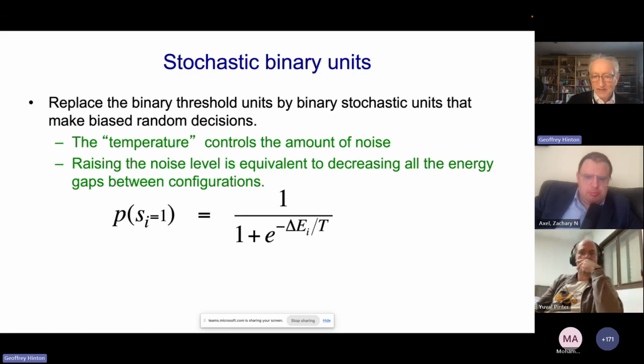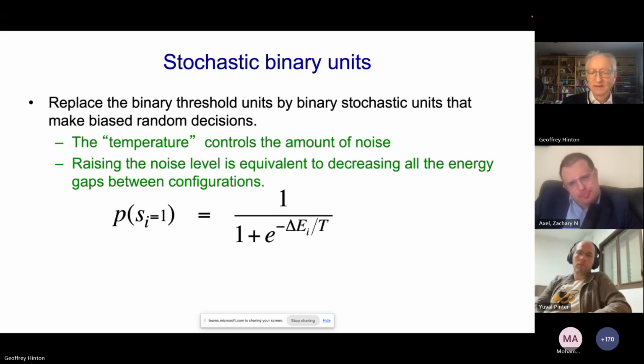So if you put a temperature of 0 there, you'll see that if delta E is positive, we have e to the negative number, and it's negative infinity, and e to the negative infinity is 0. So if delta E is positive, we'll have 1 over 1, and the probability of turning the unit on will be 1. If delta E is negative, we'll divide by 0, and we'll have minus infinity, and we'll have e to the minus infinity, which is it.